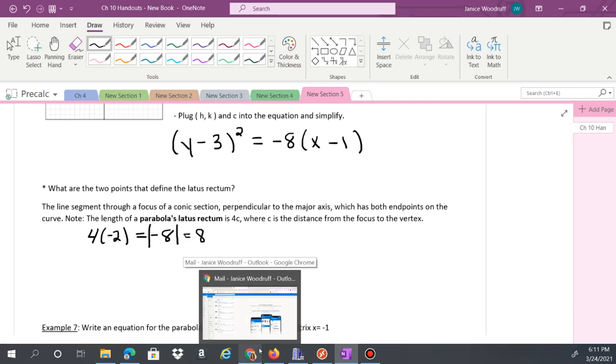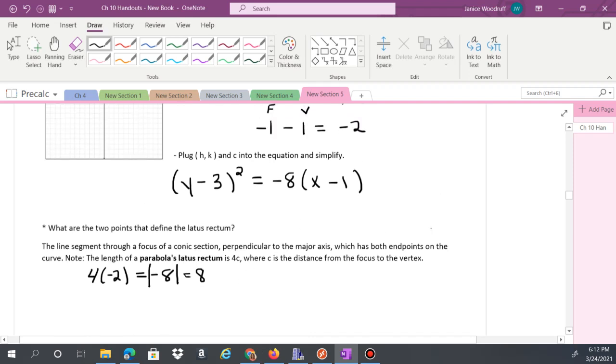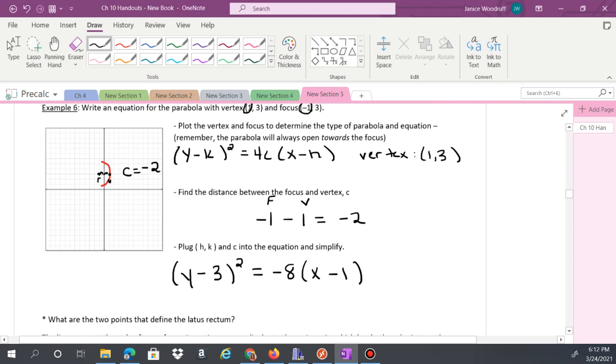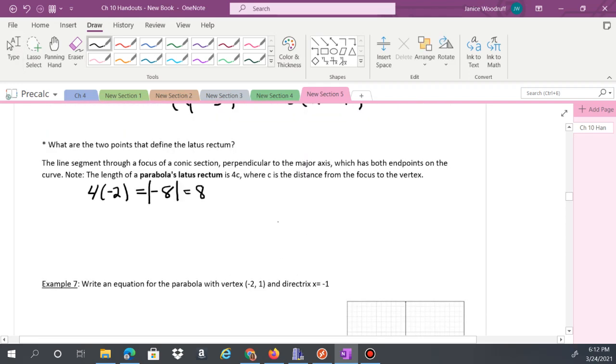The length of the latus rectum is 8, which means there's a line that goes through this point here, up and down, with a length of 8, so half of the line goes up and the other half goes down. To plot it, here's the focus, and here's the line. This is the latus rectum.